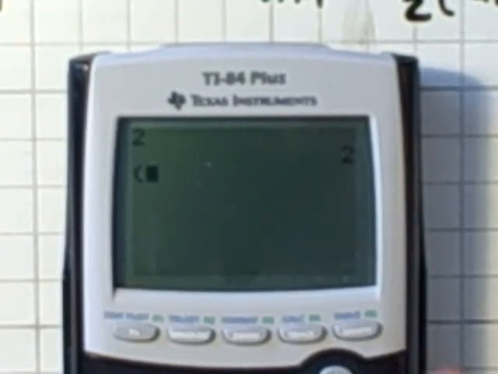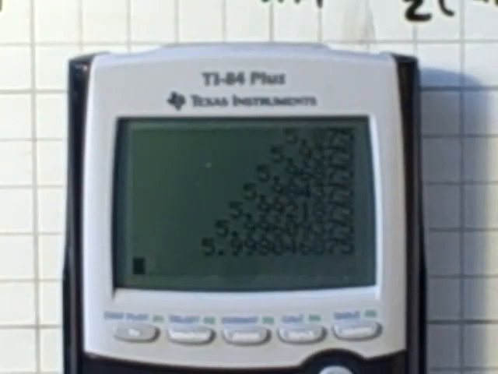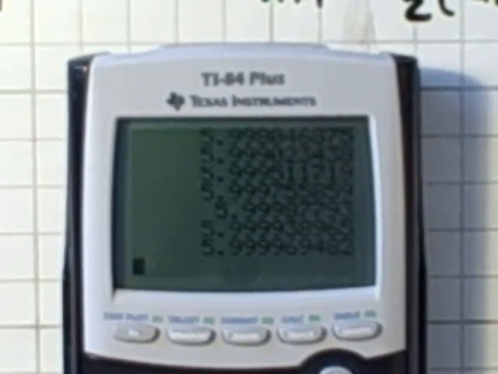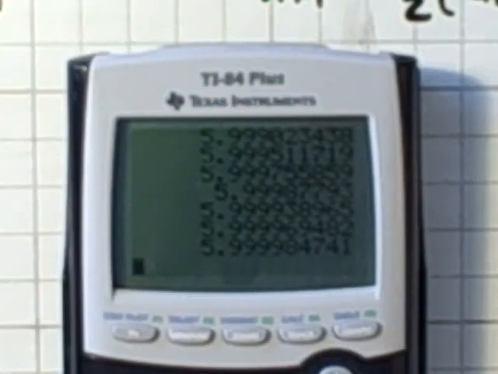So I will use a parenthesis and say previous answer plus 6, divided by 2, is the formula to get the next term. I press enter. I get 4, 5, 5.5, 5.75. And it does look like it's climbing and heading towards 6, but should stay less than or equal to 6.